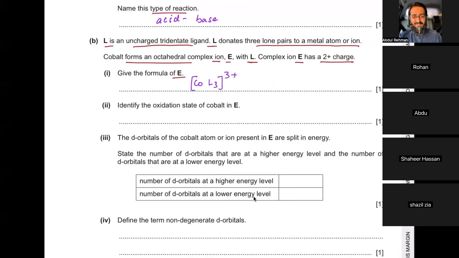No, my bad. It is going to be CoL2, because L is a tridentate ligand, right? So one L ligand is going to form 3 dative bonds. So the 2 L ligands are going to form 6 dative bonds. So octahedral. Identify the oxidation state of cobalt in this. So cobalt has an oxidation state of 3 positive.